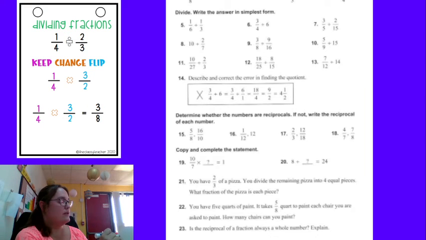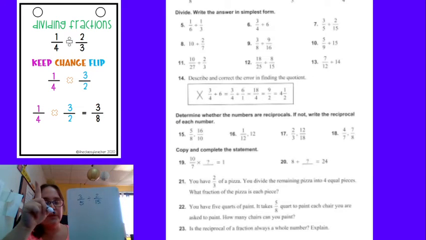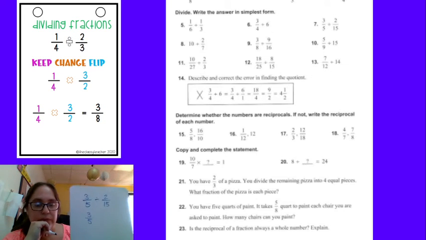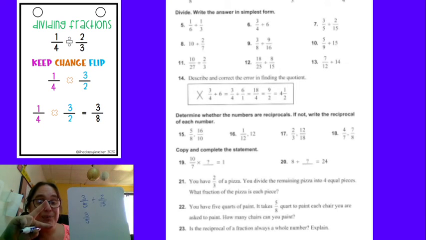Let's do number 7. You've got 3/5 divided by 2/15. Up above, you're going to keep this, and then you're going to multiply by the reciprocal.